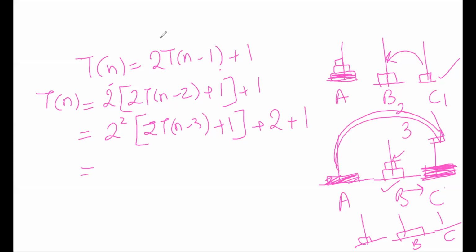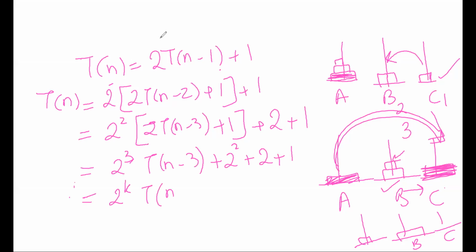So when you open this, you get 2 to the power 3 Tn minus 3 plus 2 squared plus 2 plus 1. Generalizing it, 2 to the power k Tn minus k plus 2 to the power k minus 1 plus so on up to 1.